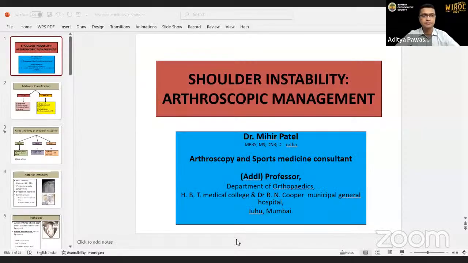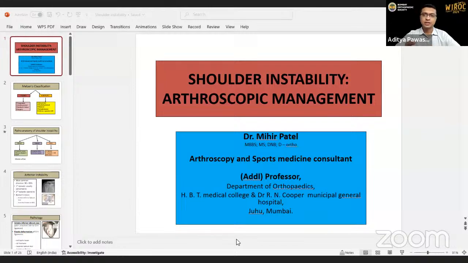Aditya, as a part of your diagnostic evaluation, do you do any dynamic assessment as well in shoulder? Yes, so I would be doing a dynamic assessment specifically in an anterior instability. So typically what we see once we put the shoulder in traction is the humeral head would appear to be either subluxed or dislocated.